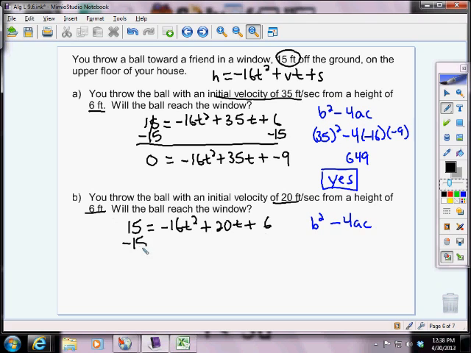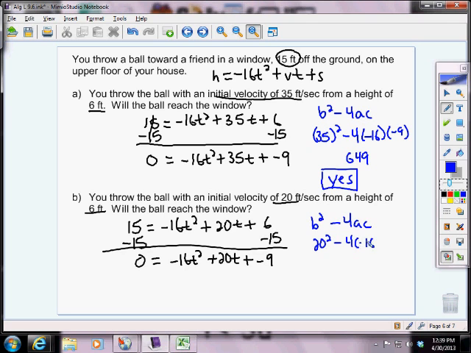Subtracting 15 off of each side, we end up with 0 equals negative 16 t squared plus 20t plus negative 9. Now we can use our discriminant. 20 squared minus 4 times a negative 16 times a negative 9. When you calculate that, you get an answer of a negative 176.